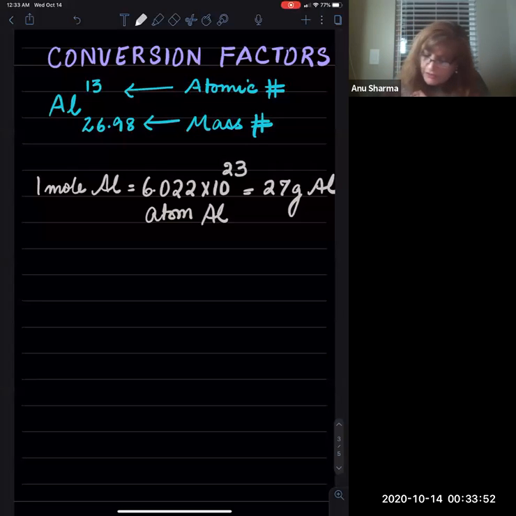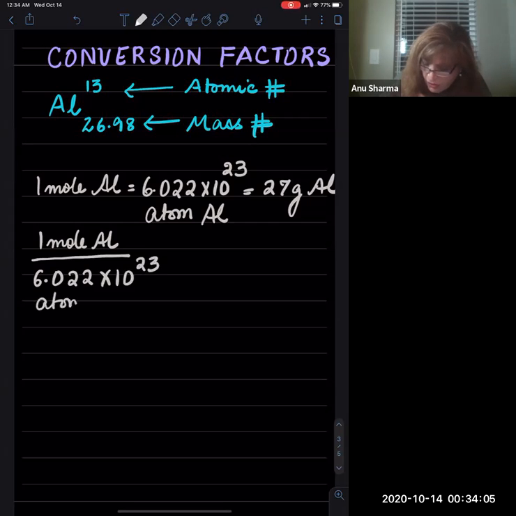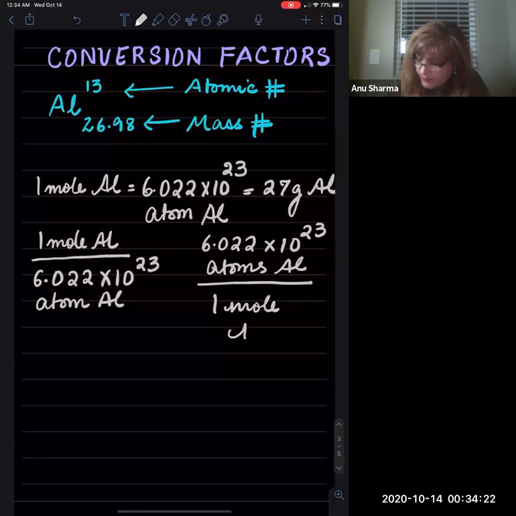Now the conversion factors are: 1 mole of aluminum contains 6.022 times 10 to the power 23 atoms of aluminum. The other conversion factor is 6.022 times 10 to the power 23 atoms of aluminum are present in 1 mole of aluminum.